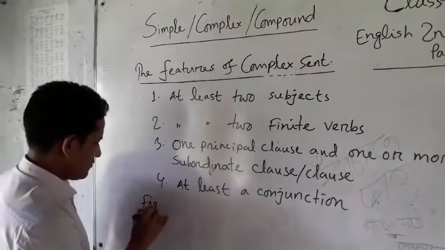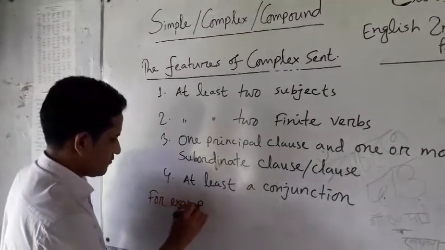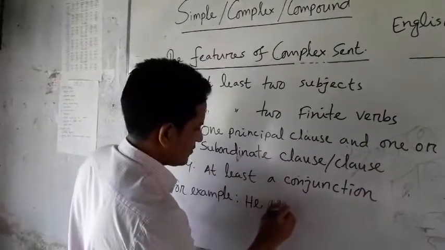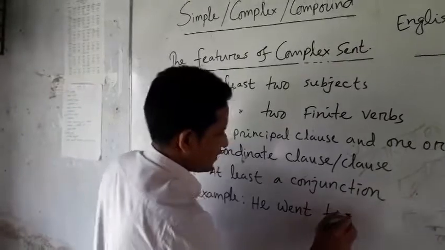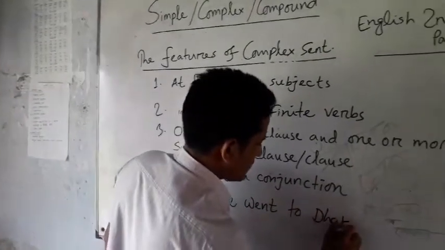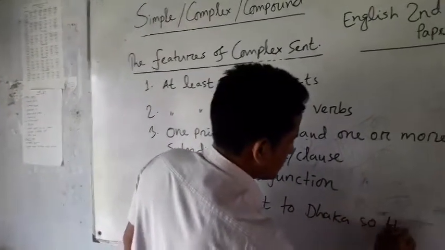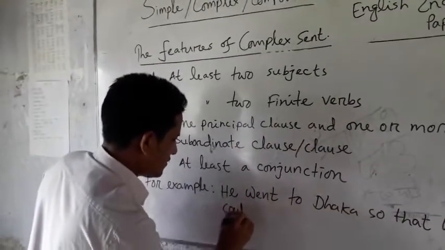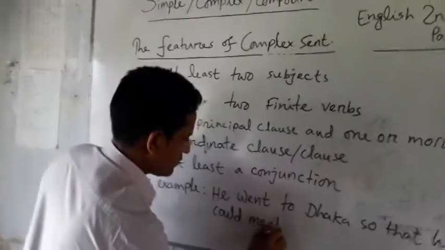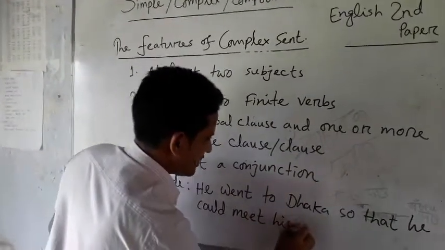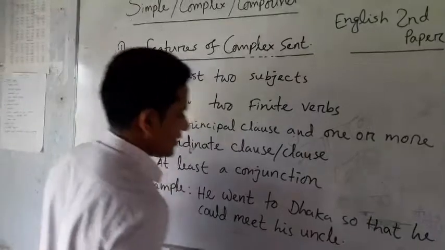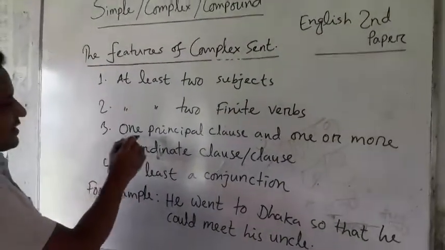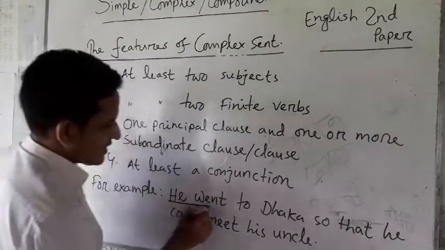For example, he went to Dhaka so that he could meet his uncle. So one principal clause: he went to Dhaka.